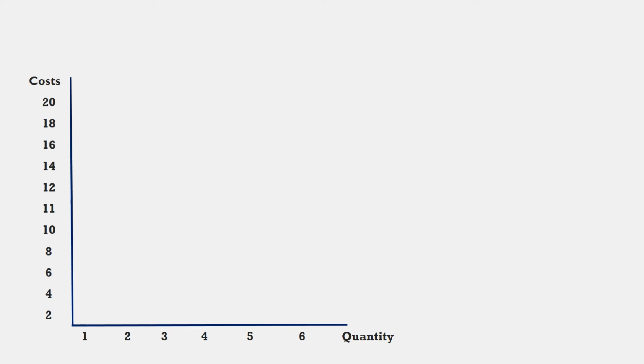The total cost curves which we just covered are really important, but they are not as important as per unit cost. I'm referring to average variable cost, average total cost, average fixed cost, and marginal cost.